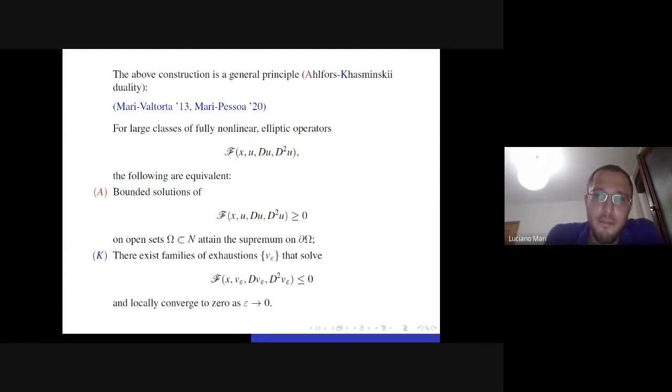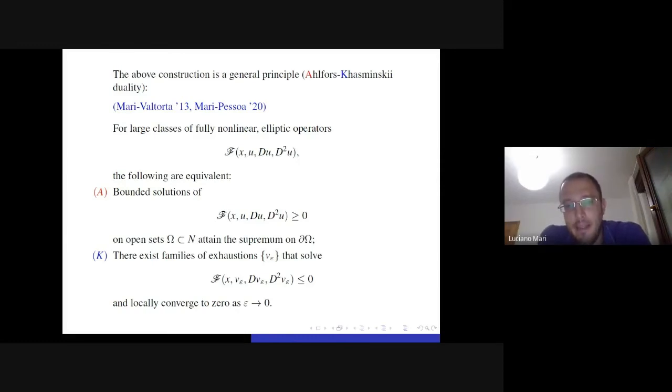The principle states the following, that for a large class of fully nonlinear elliptic operators, the following are equivalent. A certain maximum principle at infinity, stating that bounded subsolutions of the equation on an open set attain the supremum on the boundary, and the Khas'minskii property K, that there exist families of exhaustions that are supersolutions and go to zero locally uniformly.